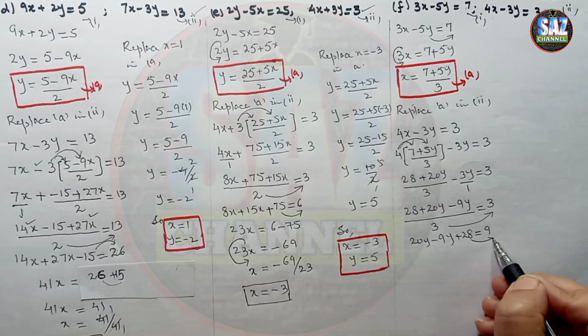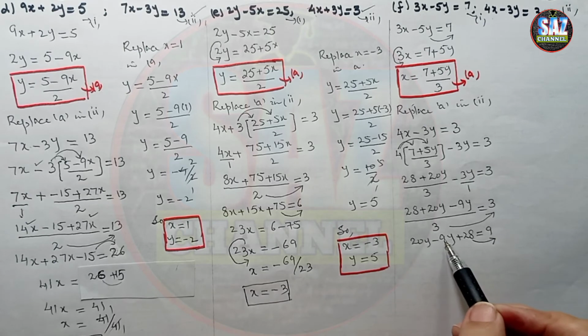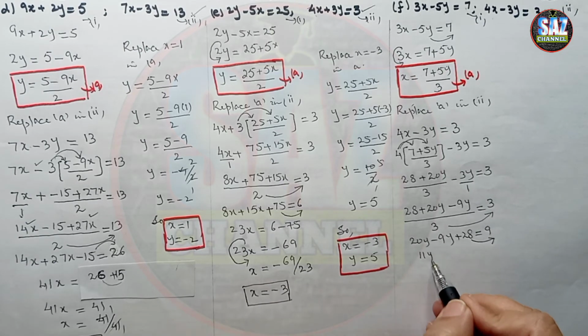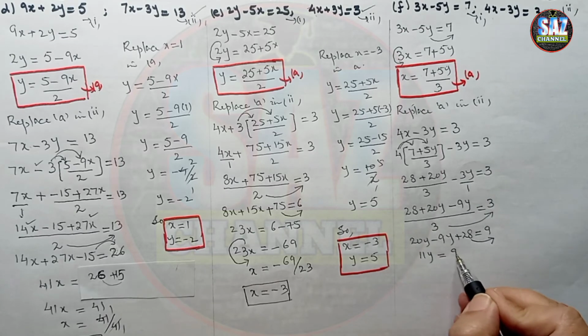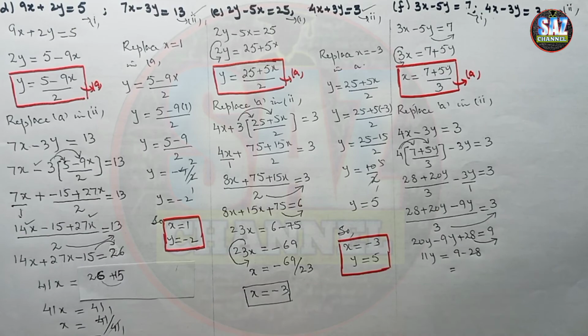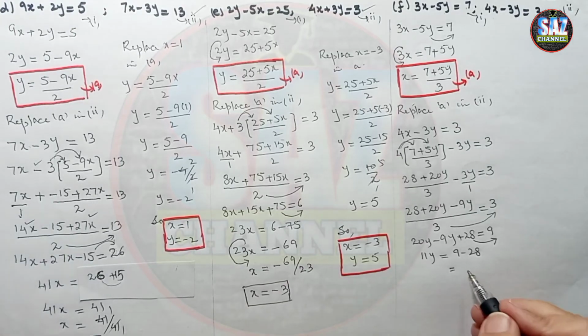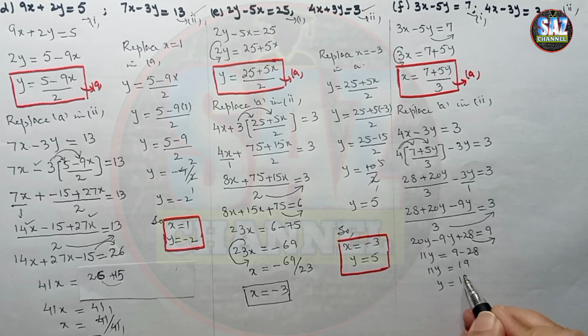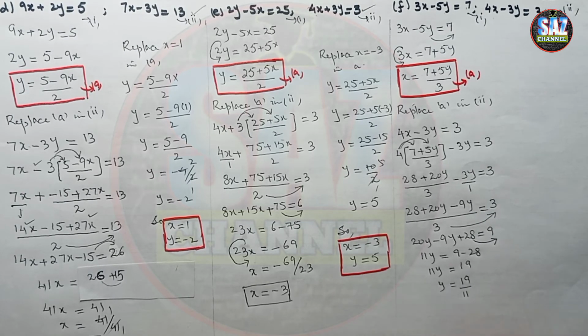Shift 28 to the other side, and when I'm taking 9 from 20, that will be 11y equals 9 minus 28. And when I'm taking away 28 minus 9, 19, 11y equals 19.